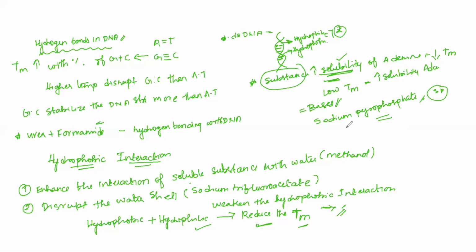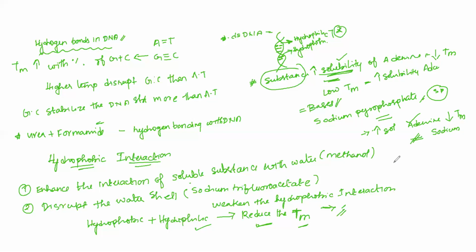They added it along with the adenine reagents. The reagents increased the solubility of adenine; when the solubility of adenine was rising, the melting temperature was lowering, and it does not have any effect on the sodium pyrophosphate.